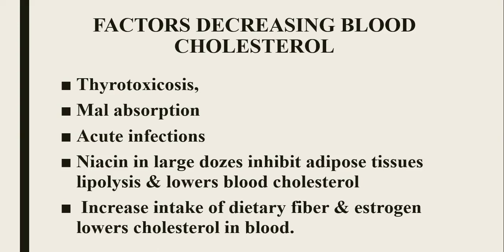Niacin in large doses inhibits adipose tissue lipolysis and lowers blood cholesterol level. Increased intake of dietary fiber and estrogen lowers blood cholesterol level. Estrogen increases the synthesis of high density lipoprotein, which plays an important role in the reverse transport of cholesterol to the liver for excretion.